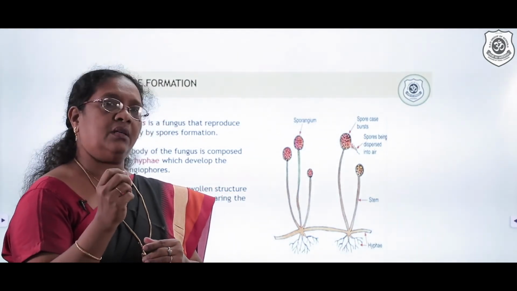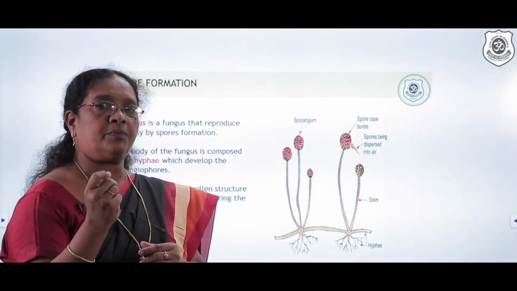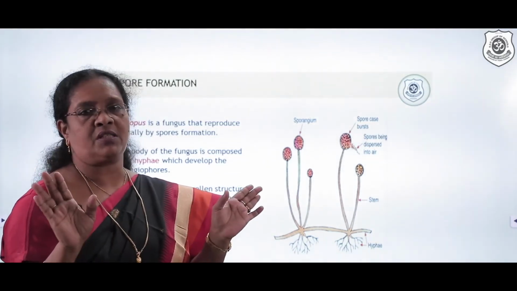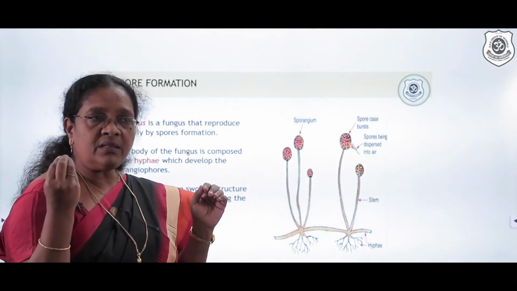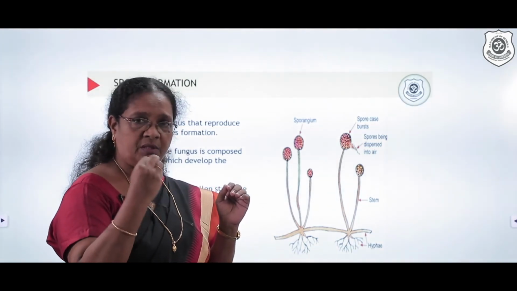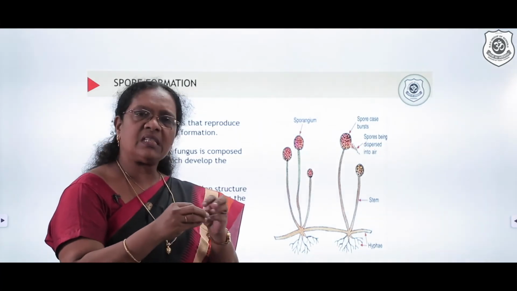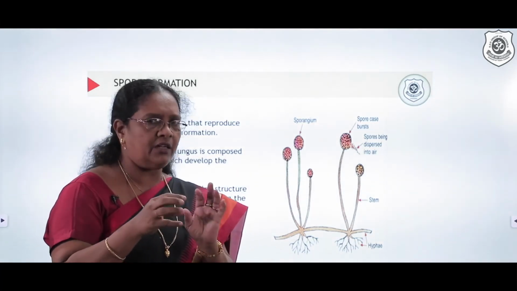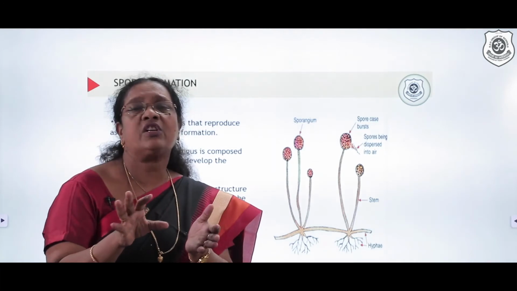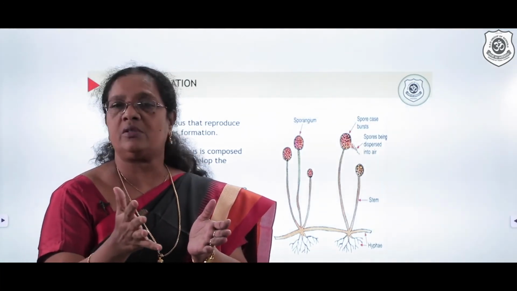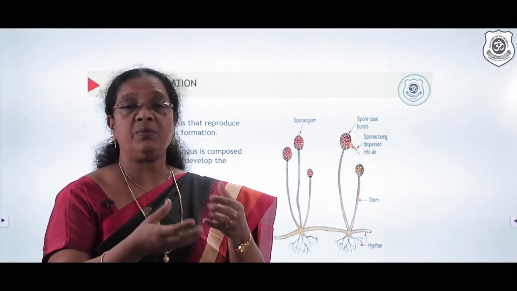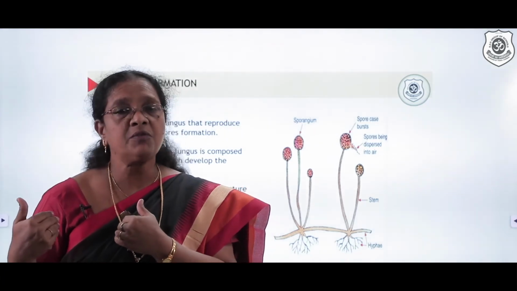Spores of rhizopus are found in the atmosphere. When the substratum becomes suitable for them, they fall onto the bread, and slowly they start forming a very mild hyphae, a thin hair-like structure, white in color. Sometimes we don't observe it and we try to consume it, and we sometimes get food poisoning.